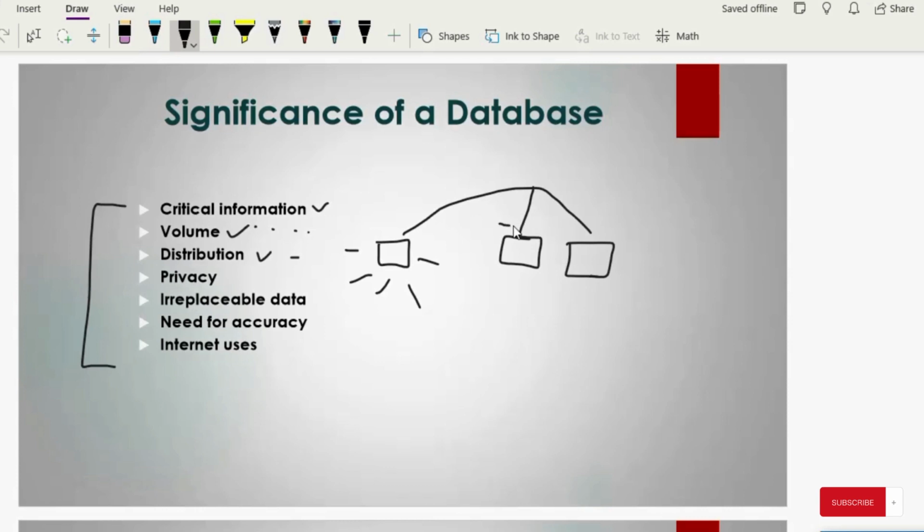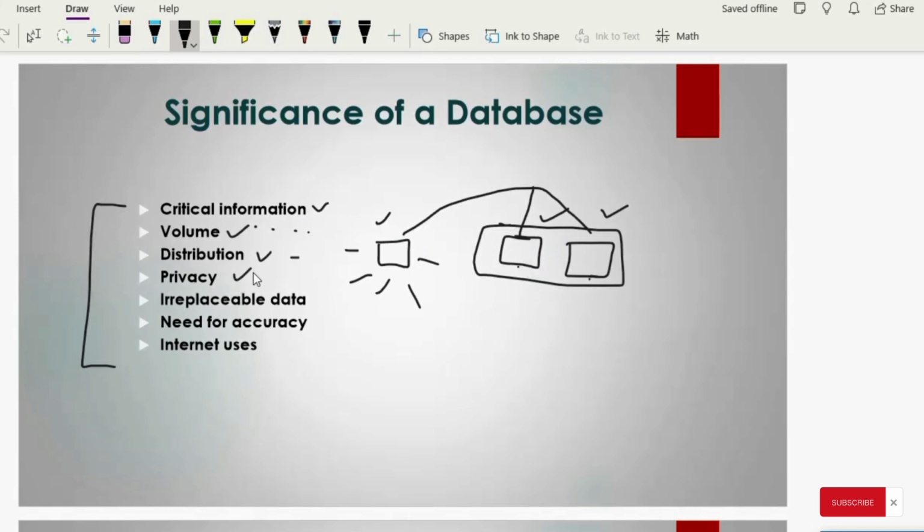But do remember, if its copies are being used, then a few problems could arise, like the accuracy of the data, the completeness of the data, the consistency of the data, and the security of the data at locations other than the centralized location. So the central data is being distributed in different places.